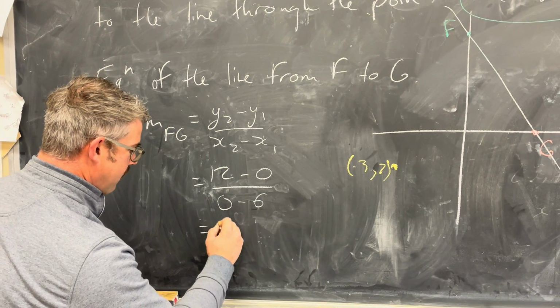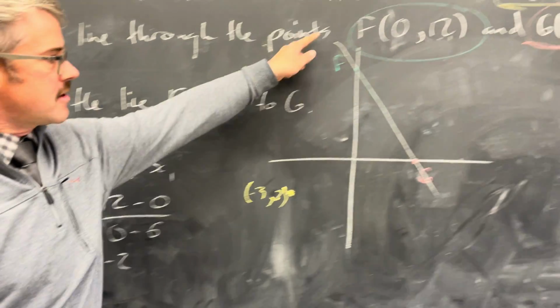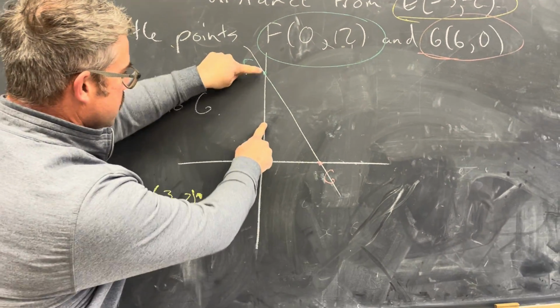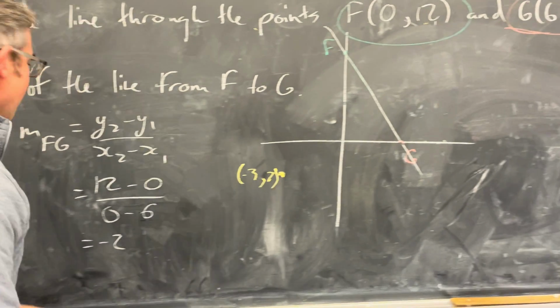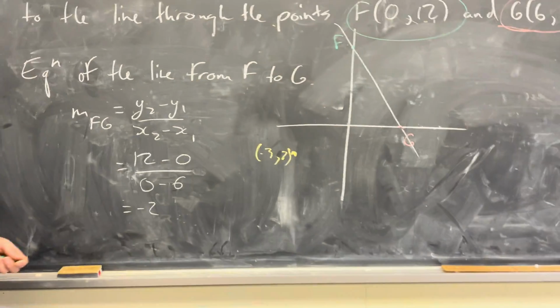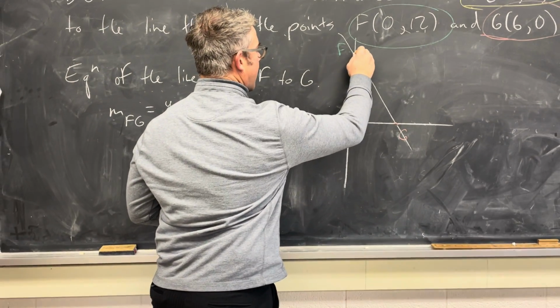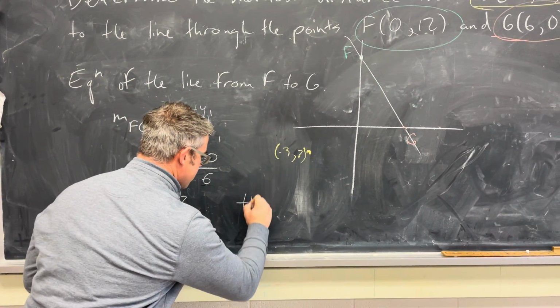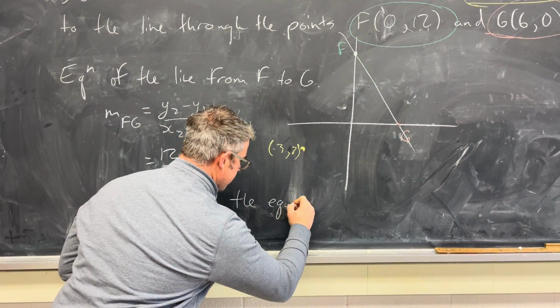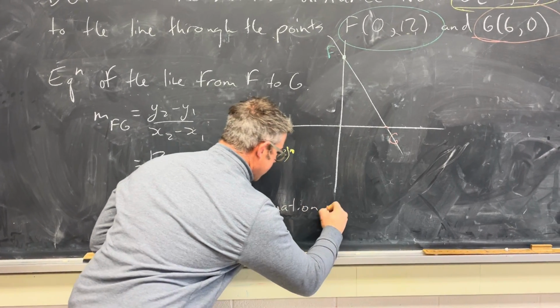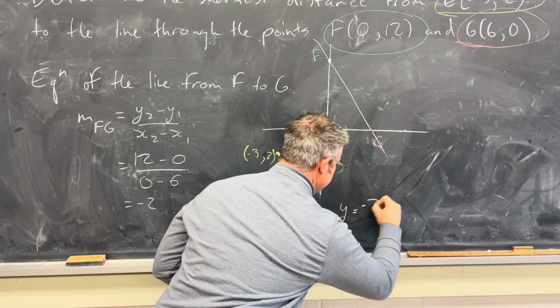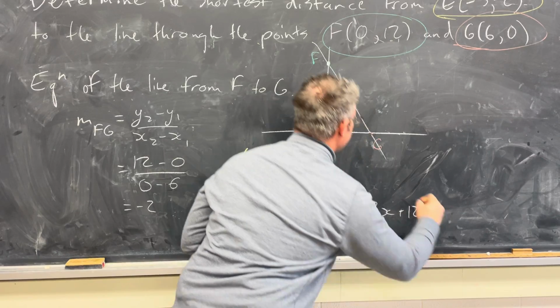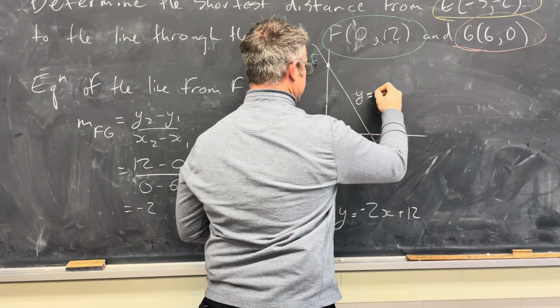So we'll have 12 over negative 6, or negative 2. And that makes sense because our slope looks like it's going down 2 units and over 1. The last thing we'll need is the y-intercept. Well, fortunately, I know the y-intercept because F is the y-intercept. So the equation is y equals negative 2x plus 12. And you know what? I'll just write that there as well too.